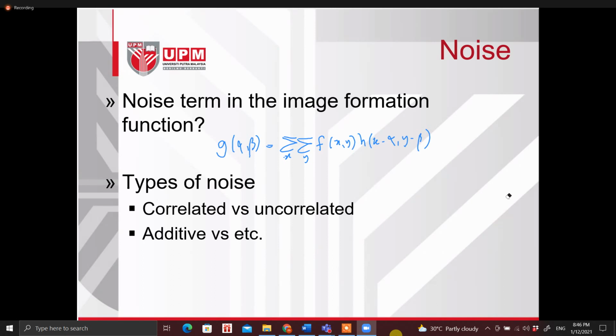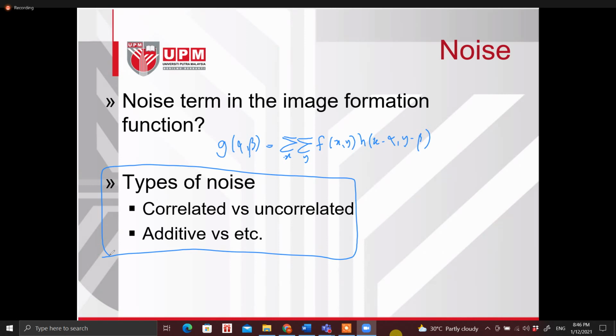How can we add the noise term in this image formation function? It really depends on the type of noise. The easiest type of noise that normally we consider is called additive uncorrelated noise.